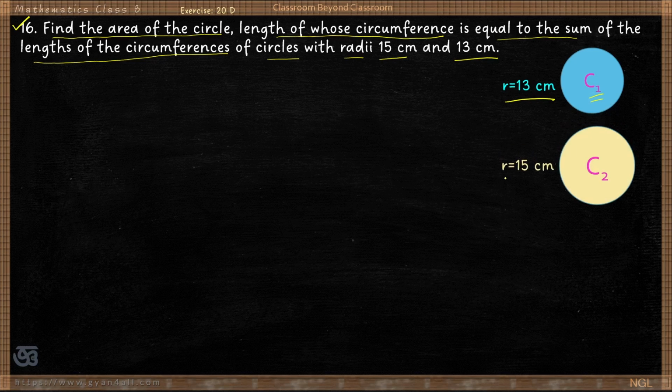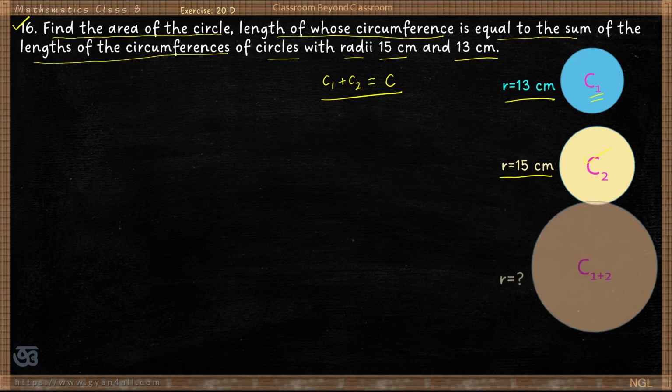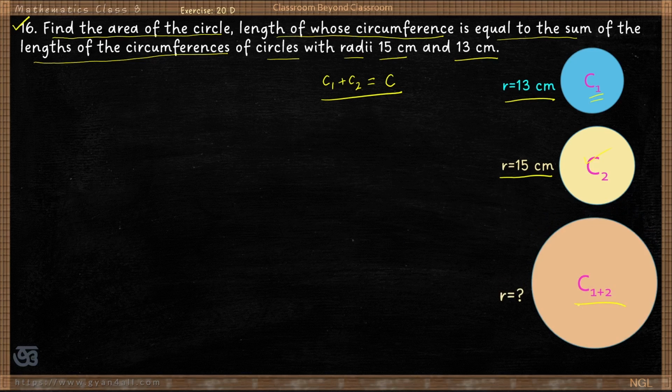Another circle with radius 15 centimeter. Suppose the circumference is C2, and the circumference of circle 1 plus the circumference of circle 2 is equal to the circumference of one bigger circle. Suppose C1 plus 2 is the circumference of the circle, say this is 1 plus 2, and the radius is equal to r.